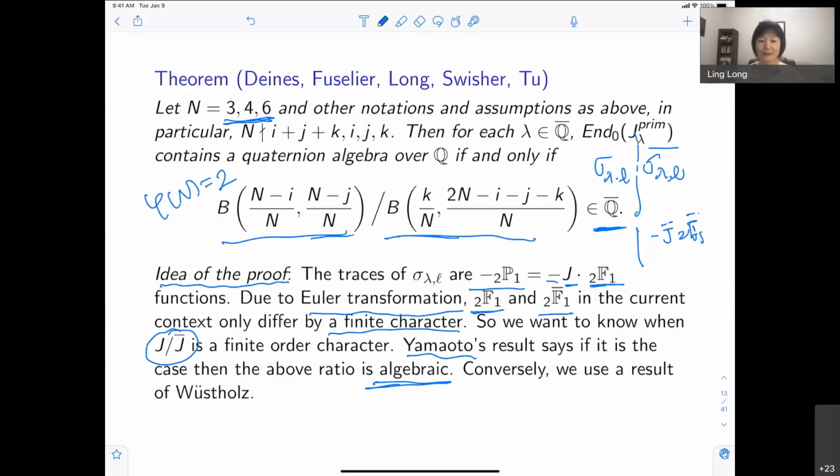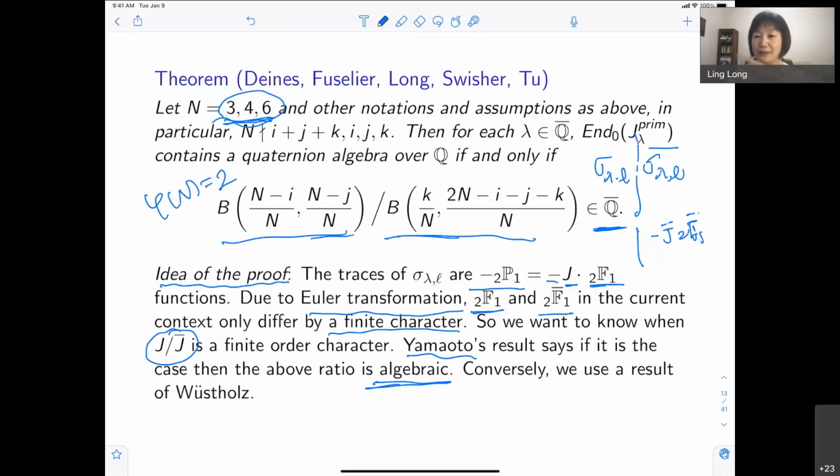The statement over here is that E has QM if and only if the ratio is algebraic. So I'm not telling you this is algebraic. I'm telling you there are different scenarios.